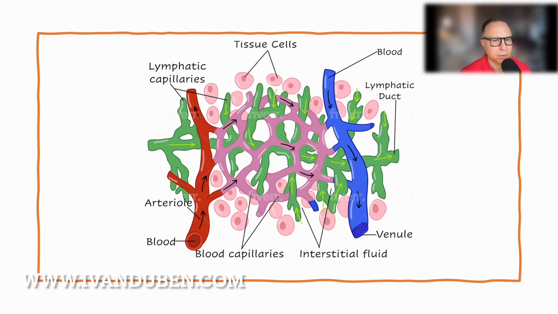So here we can see, this is just giving you an idea of how the arteries, the veins, the lymphatic system, and the cells, as well as the interstitial fluid, all work together in a matrix forming a type of terrain. The only thing not present in this diagram are nerves.